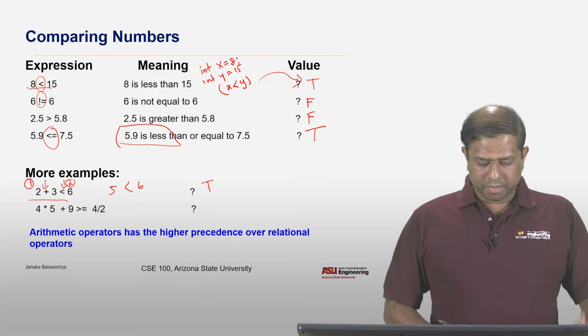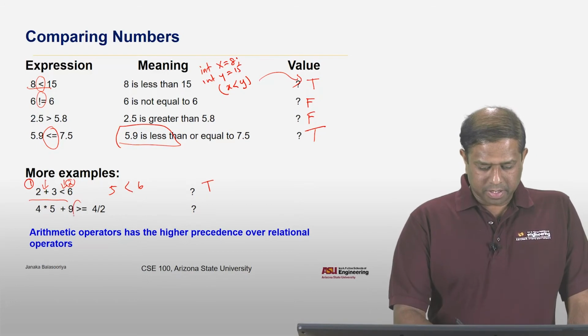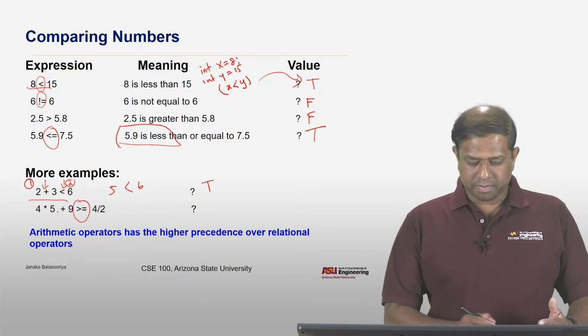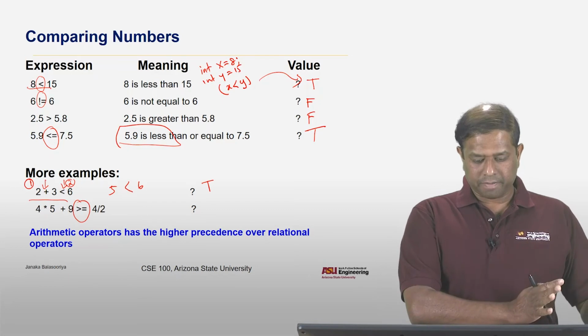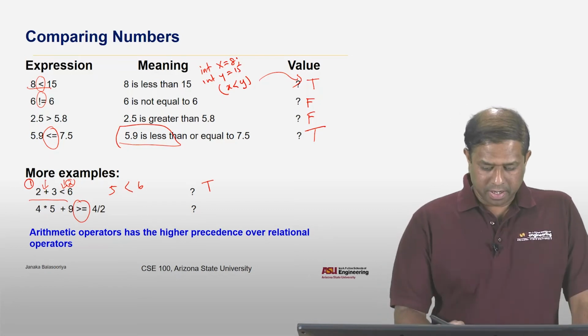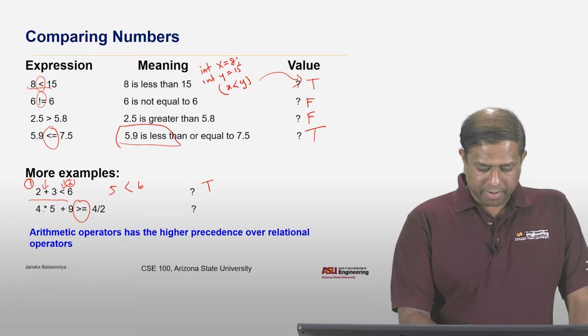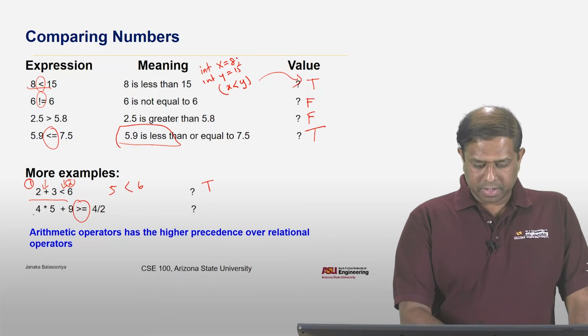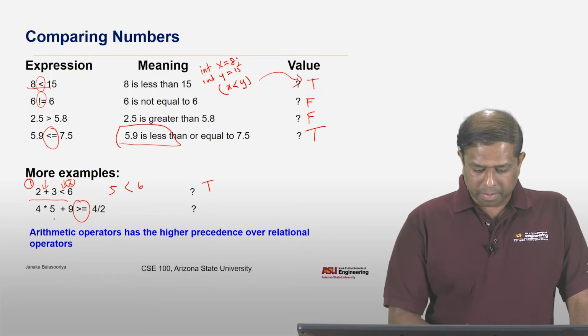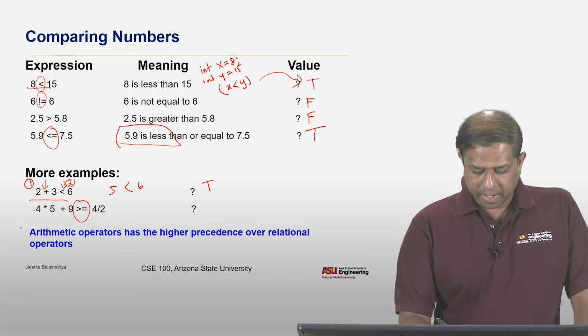Likewise here, before evaluating this expression we know that we need to evaluate both the left hand side and the right hand side. When you are evaluating the left hand side, we use the operator precedence rules for the arithmetic operations. So 5 times 4 is 20, then 20 plus 9 is going to be 29.